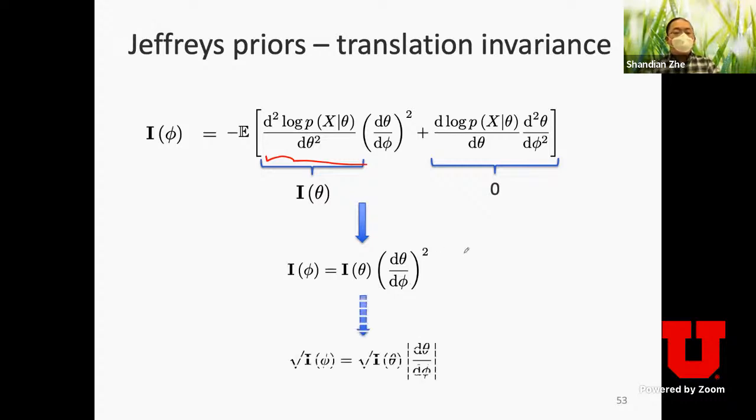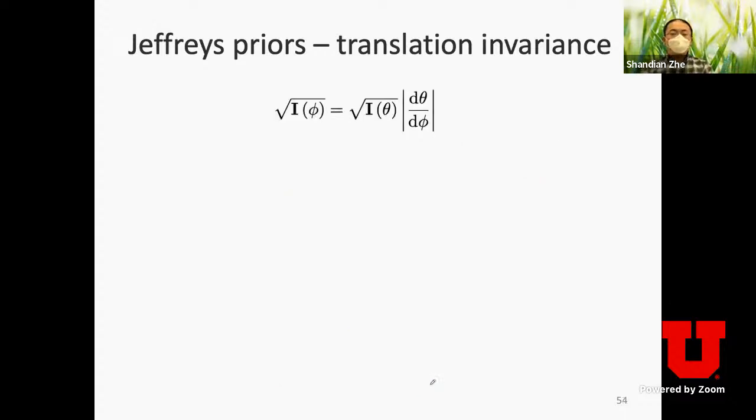Because our Jeffrey's prior over phi is proportional to the square root of the Fisher information with respect to phi, the Jeffrey prior over phi is actually proportional to the square root of the Fisher information with respect to theta times the absolute value of d theta over d phi.